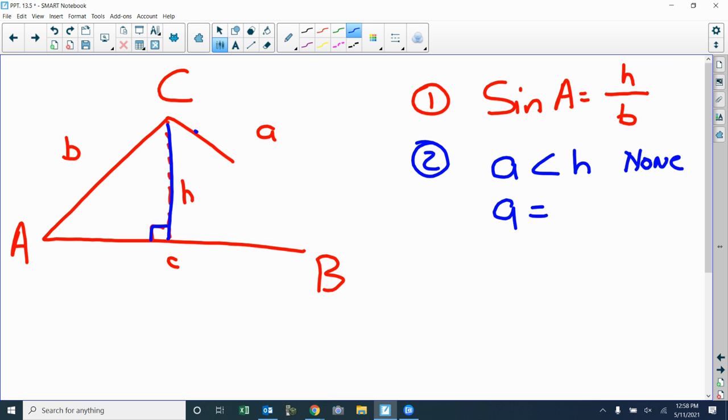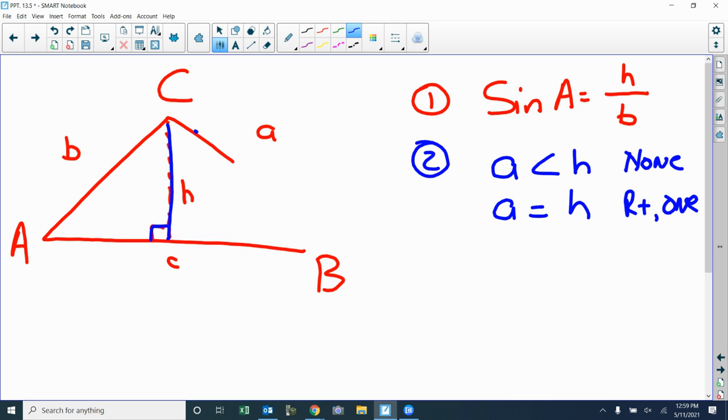If A equals H, what do you think? If A equaled H? It's going to be 1. And it's going to be a special kind. Anybody know? If A does equal H, if A and H are equal, what's it going to be? It's going to be a right triangle. And it's 1.